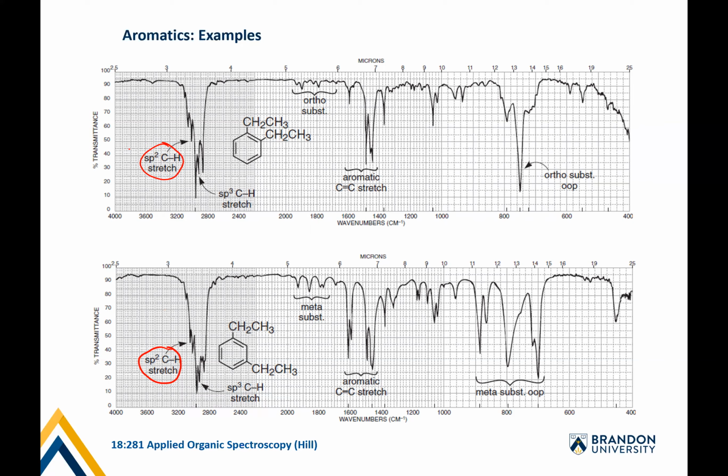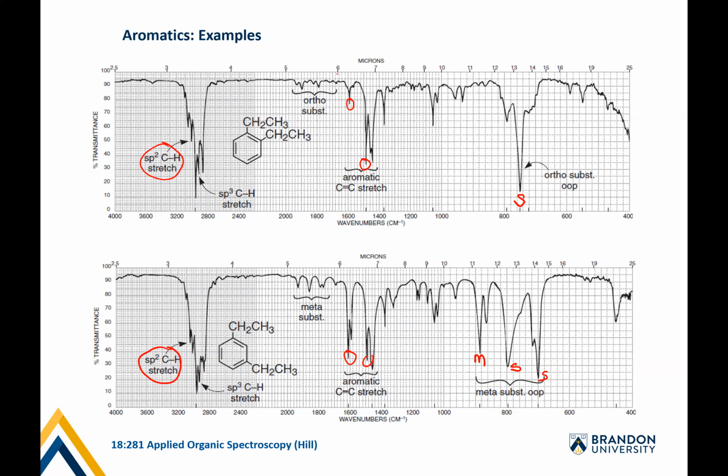And the things that really change here are the double bonds. This one's quite weak on the ortho. This one's stronger. These two are more aligned. But the main difference, of course, is the substitution pattern. So strong, strong, medium in the case of meta, and then one large, strong one at around 750 or so in the case of ortho.